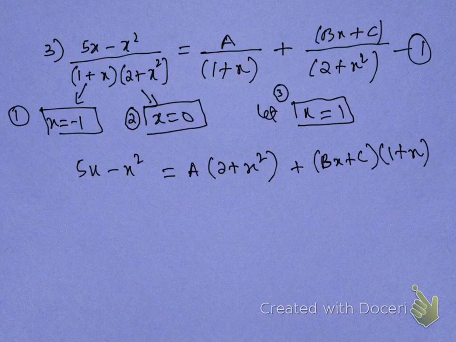Alright, I'm going to substitute minus 1. So when we substitute minus 1, we have minus 6 on left side, and on right side we have 3a. Therefore the value of a will be negative 2.